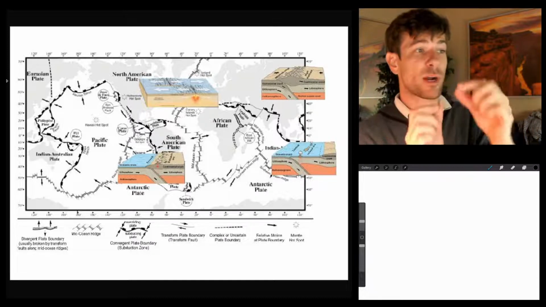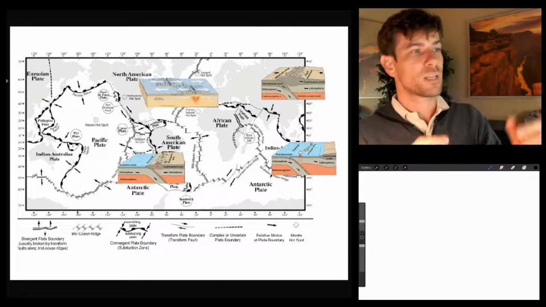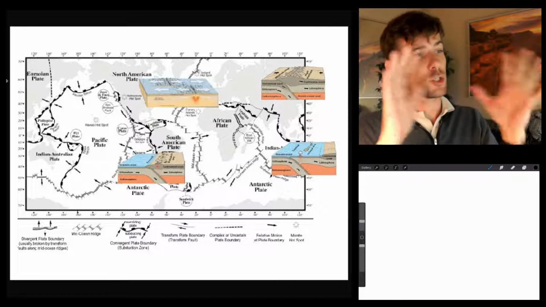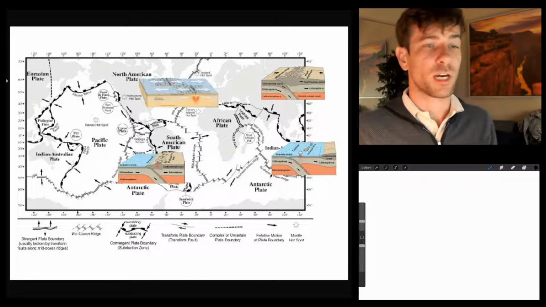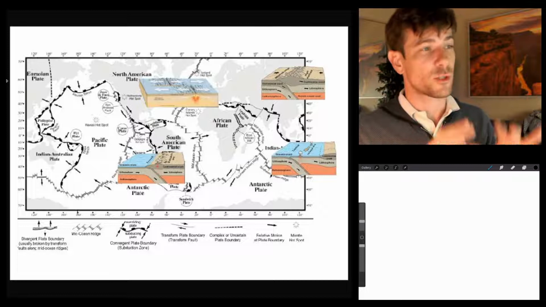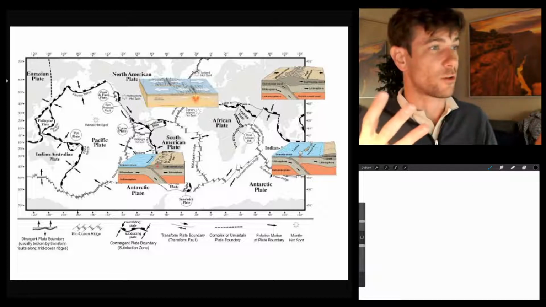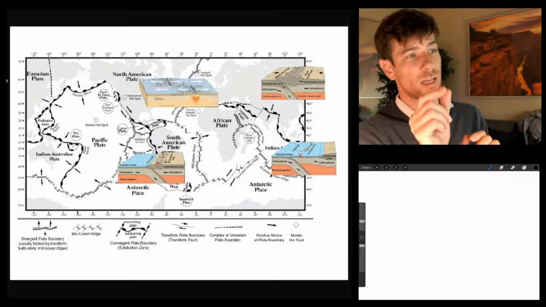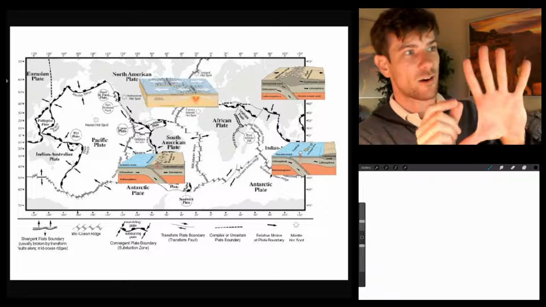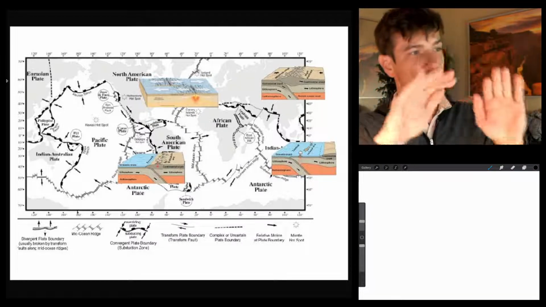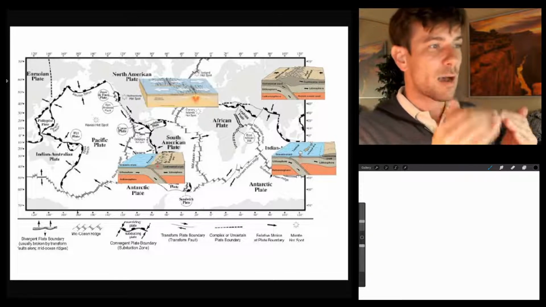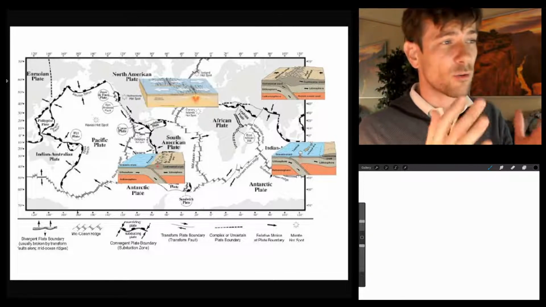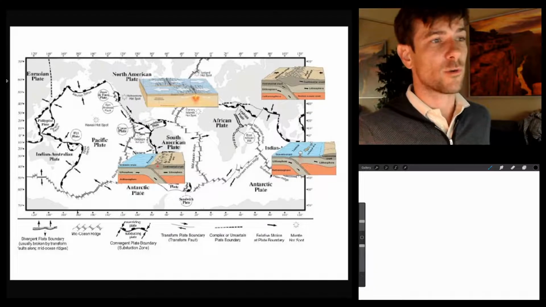As you do that, if you spread it at the same rate everywhere, then you would have a very distorted picture when you finished. If you want to spread it evenly and preserve sort of the architecture of the Earth, really, what ends up happening is that it spreads more in the center and less as you move to the edges. And so to accommodate that differential spreading rate, you need these transform boundaries.